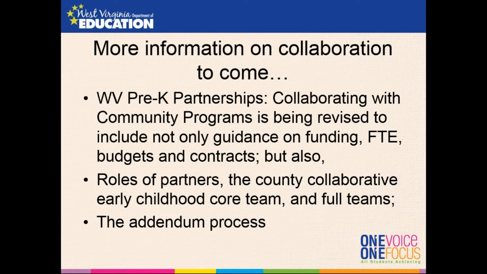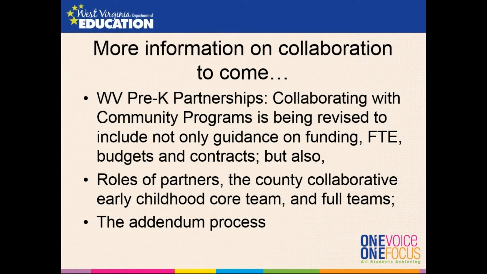It will be ready and in draft form by next Friday, and when we do our spring meetings that are coming up, we will be providing draft documents so that you all can review and provide any last-minute input on the collaboration document, and it will include the roles of the partners, the collaborative early childhood core team, full teams, the addendum process. It's a document that's been broken into two sections. One is partnerships and one is the collaborative team, and then it ends with the addendum process.